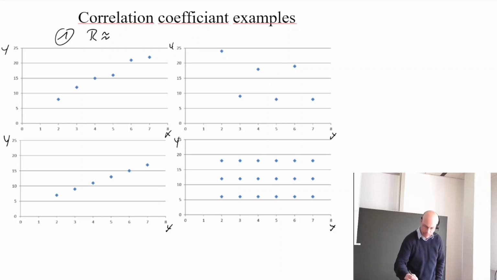Well, then let's go at first to diagram 4. What do you think R is here? Actually, looking at this data, and if I tell you that these data points are distributed totally symmetrically, then we can even say what R is in this case.